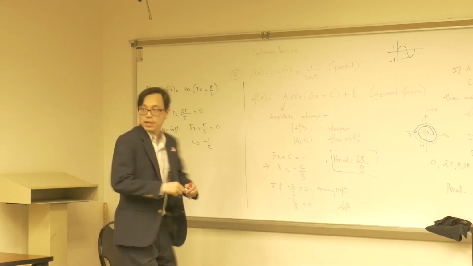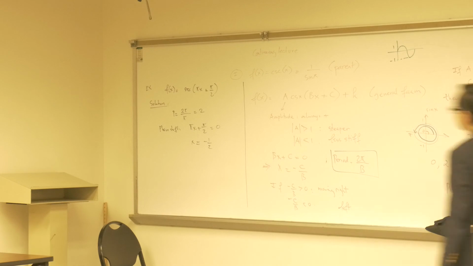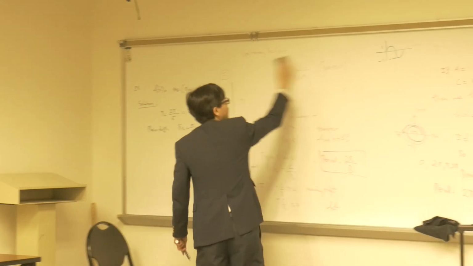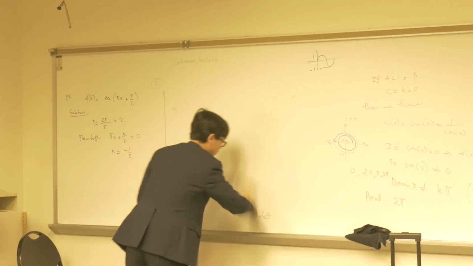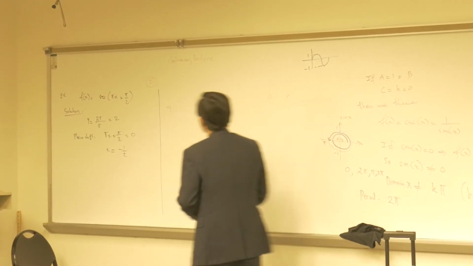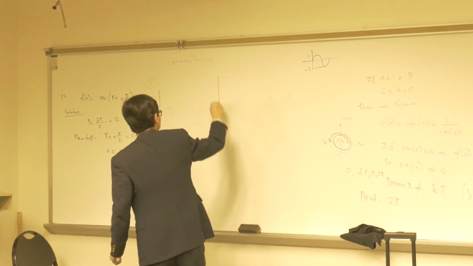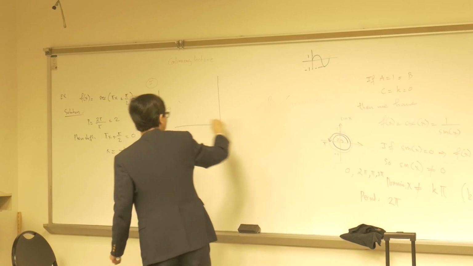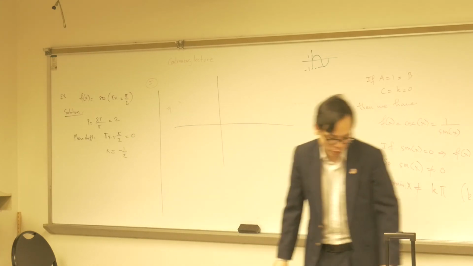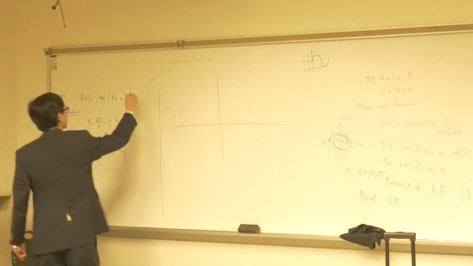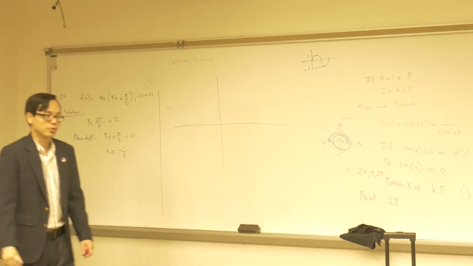Let's see. I'm going to erase over here. Okay, let's start with the parent function. For this one I want to graph between -1 and 1 only.